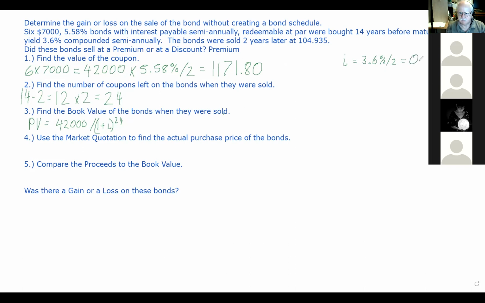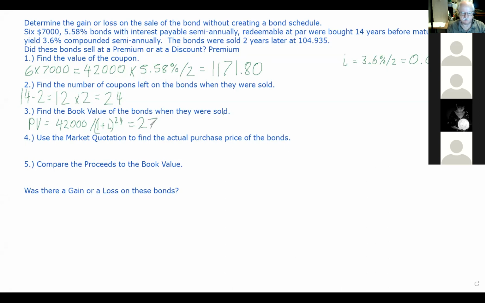So I'm getting 0.018, and I'll store that. Store 1. Let's see if this makes any sense. Recall 1 plus I, y to the x, 24, 1 over x times 42,000.